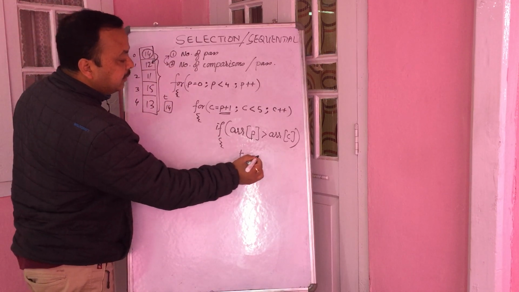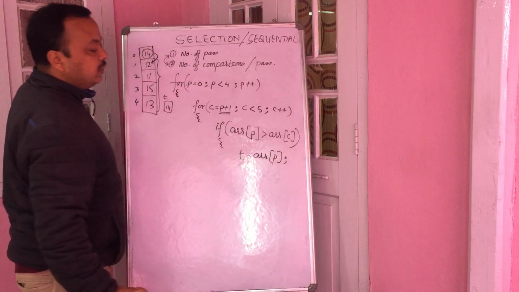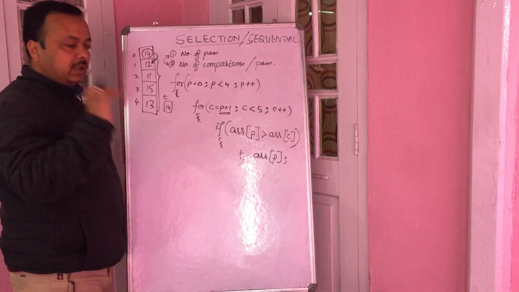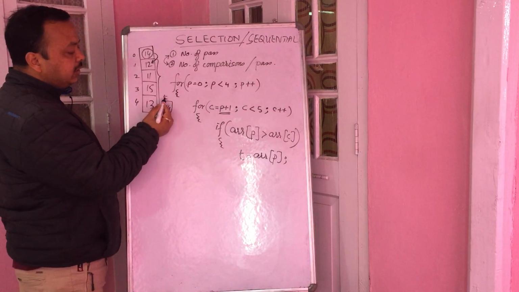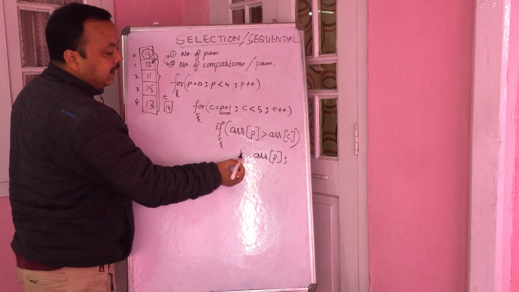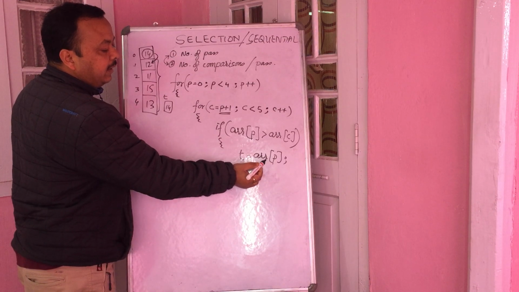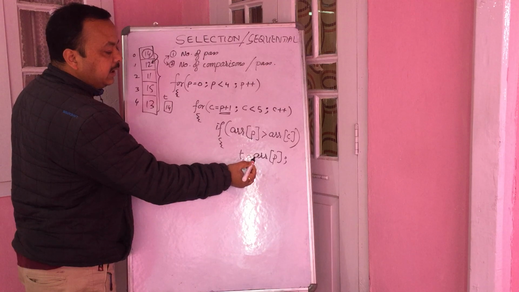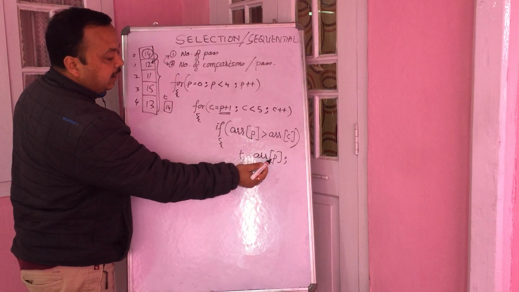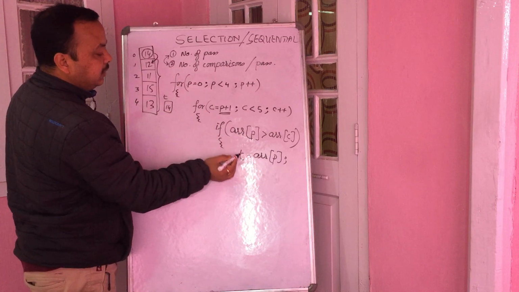So I'm writing T is equal to ARR of P. Watch this again and again, those students who are not able to catch it in one glimpse. I did not write T is equal to 14. I wrote T is equal to ARR of P because every time the value of P will change, and subsequently ARR of P, whatever it represents, will also change. So T is equal to ARR of P means first time P is 0, so 14 will come to T.